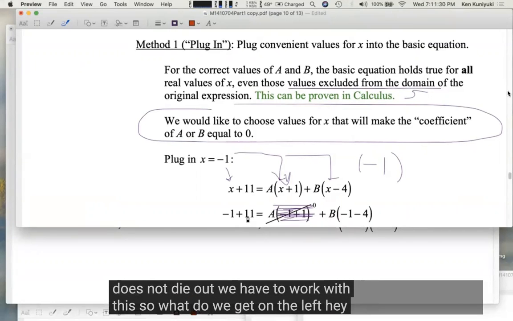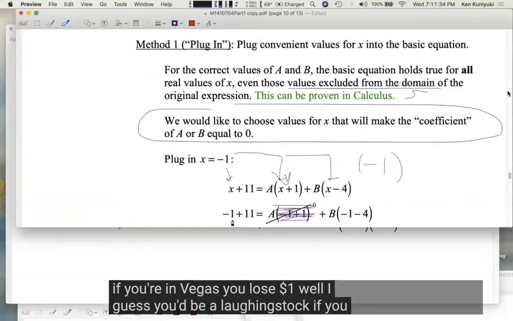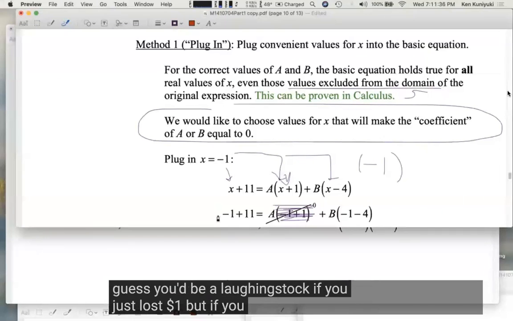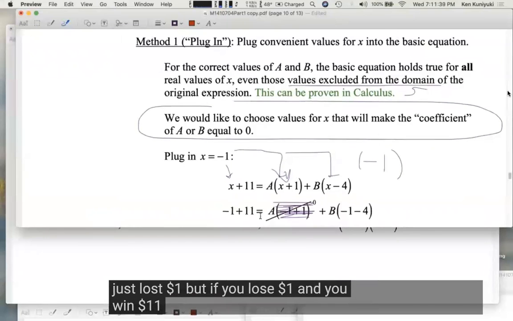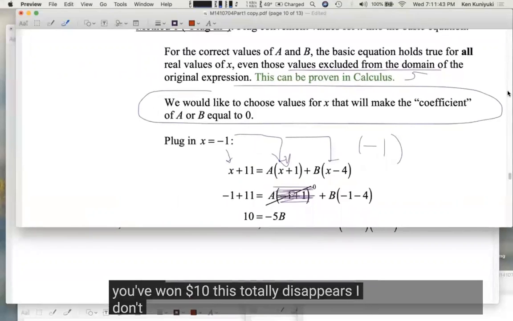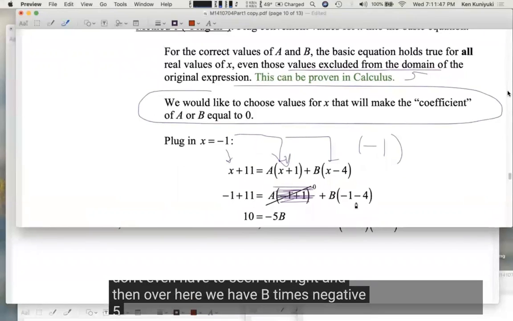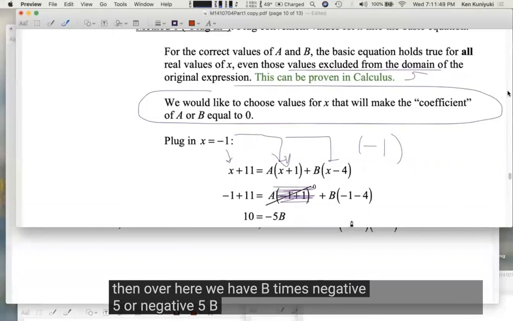On the left, hey, if you're in Vegas, you lose $1. Well, I guess you'd be a laughing stock if you just lost $1. But if you lose $1 and you win $11, you've won $10. This totally disappears. I wouldn't even have to see this. And then over here we have b times -5 or -5b. Divide both sides by -5.